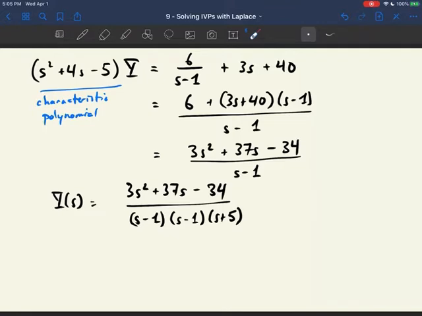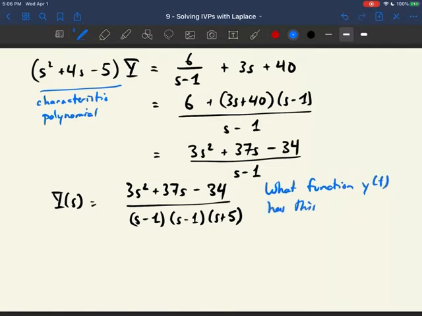Now, here we've arrived at a formula, Y of s is equal to this thing on the right-hand side. And so if we knew what the Laplace transform was of this thing, then we would know what y of t is. In other words, we would know the solution of the differential equation. So this is our question.